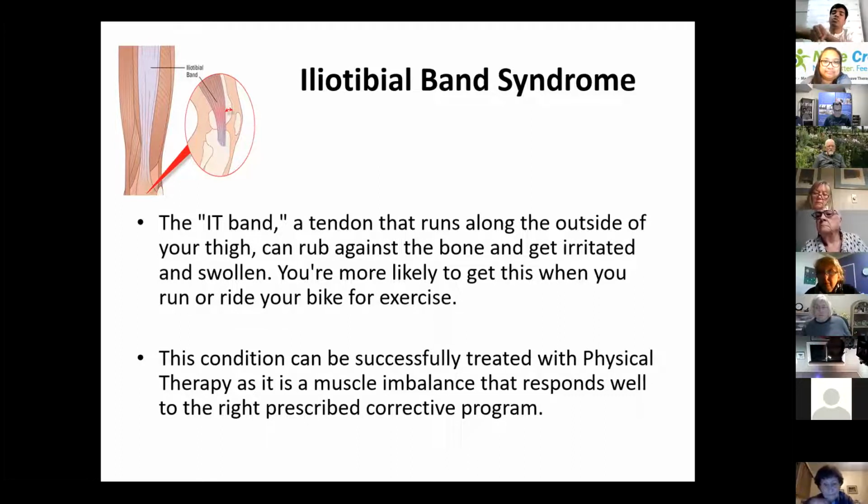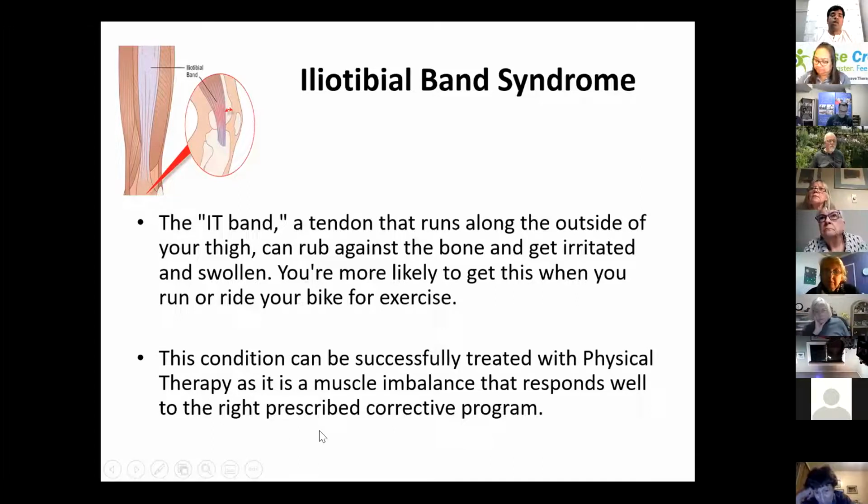You are rubbing this tendon on the bone again and again, and irritation happens to the tendon, and you will get pain, and in severe cases swelling, and you really struggle to move the knee. These are the common symptoms we see, and this condition can be successfully treated with physiotherapy, as it is a muscle imbalance that responds.